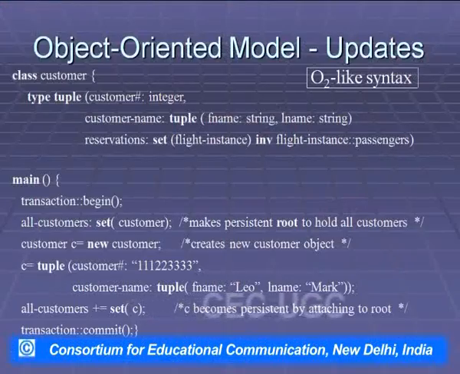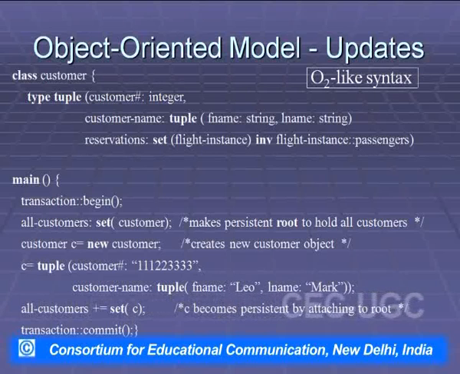Now object oriented model updates. You can see the class customer, type tuple, the customer we have defined here is integer, customer name tuple, first name string and last name string. Reservations, set flight instance, immutable flight instance, passengers, which we have defined in the main.